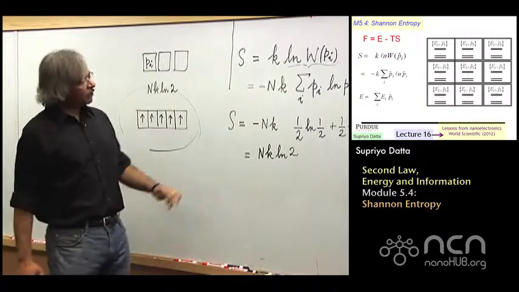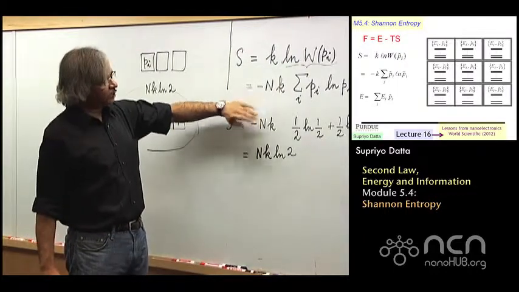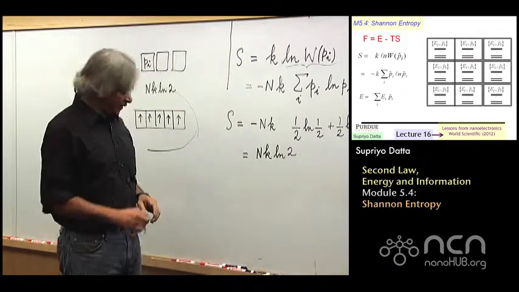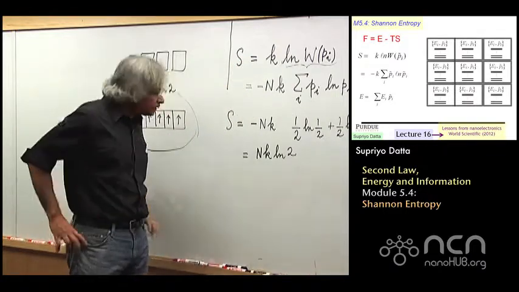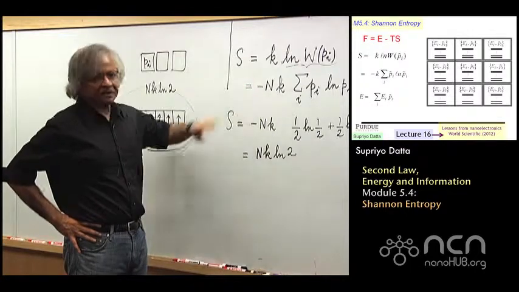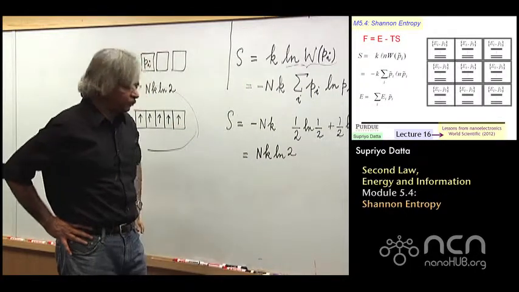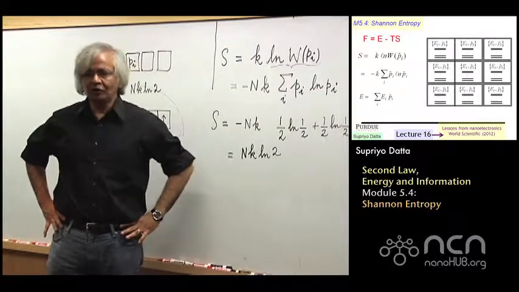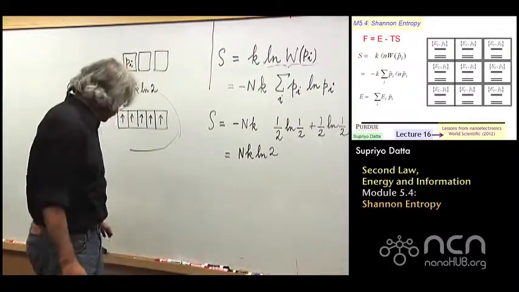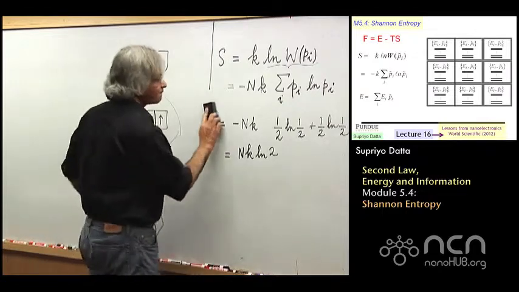Now, one of the other things that comes out of looking at it this way is that there is a similar expression for what is called entropy in information theory. And that looks something like this.